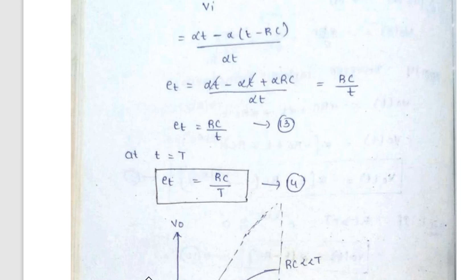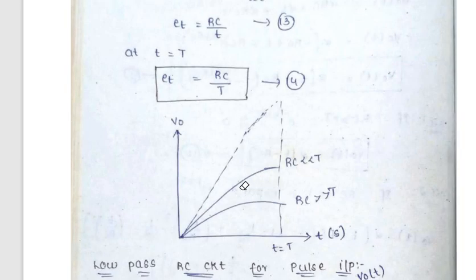Now this equation represents that the transmission error is inversely proportional to the time period of the input signal, and it is directly proportional to the resistor and capacitor values used in the circuit.